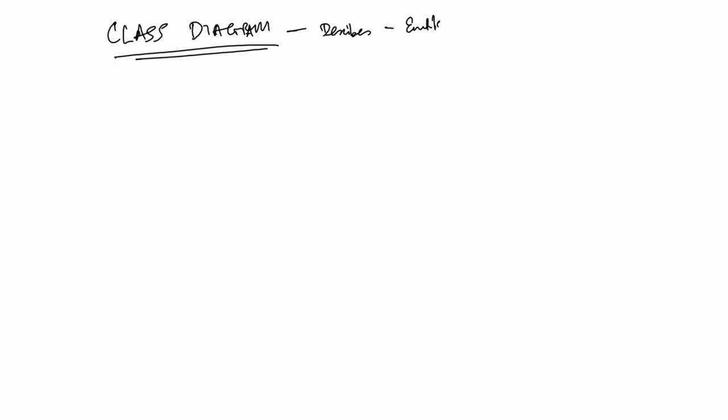Okay. Now the next one that we want to look at, of course, is our class diagram. Yeah. Your class diagram describes what entities they are, and remember, entities are not just people, departments.